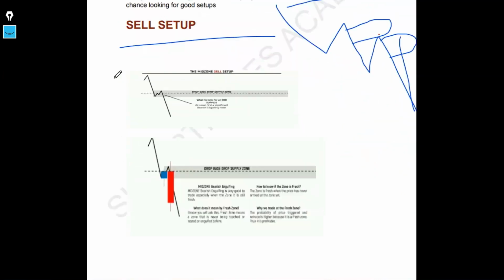So we see this drop here. This is very interesting. It comes here, makes a move, and goes back. So you wait for the market to come back here and drop. In most cases, you can find a 2M on this one. For example, the market is coming back here.